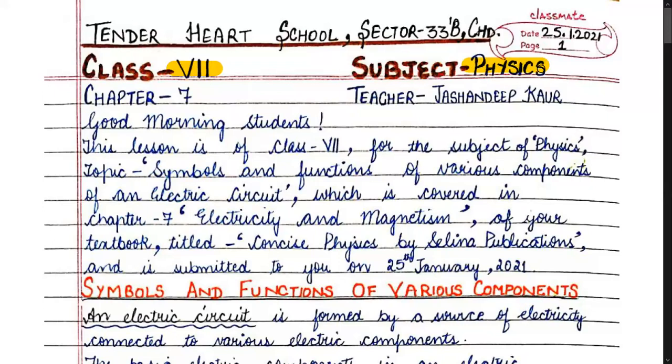Topic: symbols and functions of various components of an electric circuit, which is covered in chapter 7, Electricity and Magnetism, of your textbook titled Concise Physics by Selena Publications, and is being submitted to you on 25th January 2021.